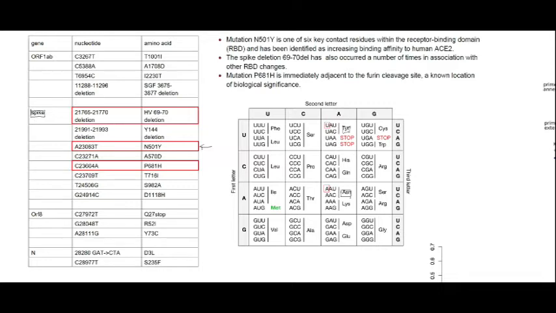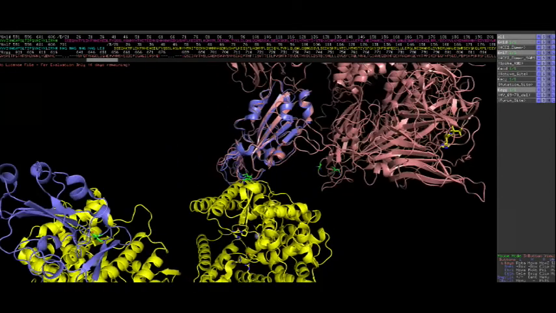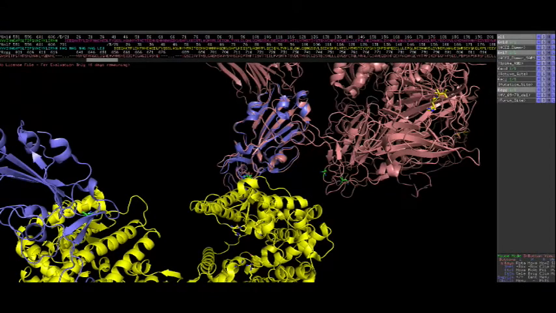Asparagine has a side chain that looks like this, with a double bond oxygen and then this nitrogen, whereas tyrosine has this large aromatic ring with this phenolic OH group. This seems to increase the binding affinity of the SARS-CoV-2 spike protein to the human ACE2.